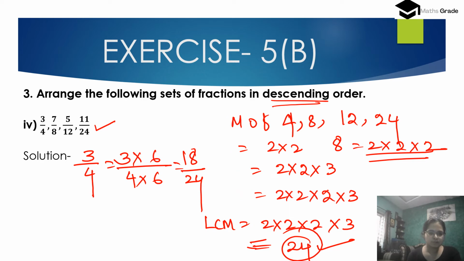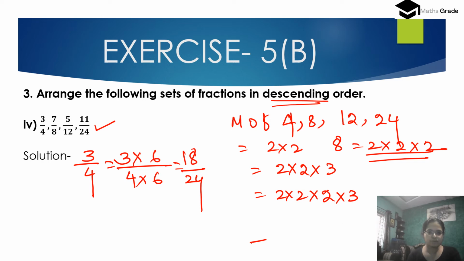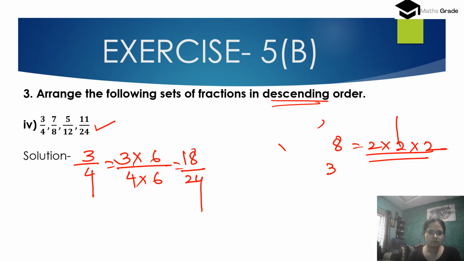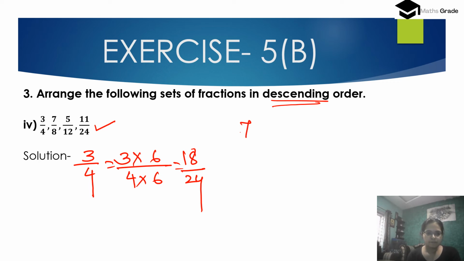Now convert the fraction 7 divided by 8 into an equivalent fraction with the denominator equal to the LCM. In the multiplication table of 8, if we multiply 8 with 3, we get 24, which is equal to the LCM.